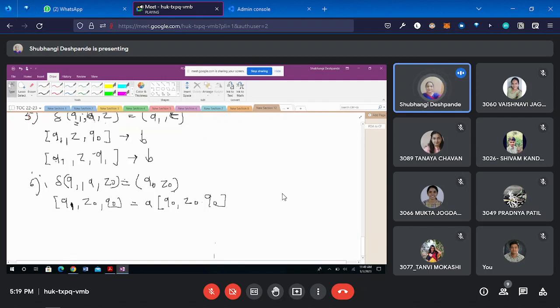Okay, so this is the first, and then we have to consider another, because Q has Q0 and Q1. So Q0 stack will be the same, but there will be Q1 also. So which results into what? A Q0 Z0 Q.